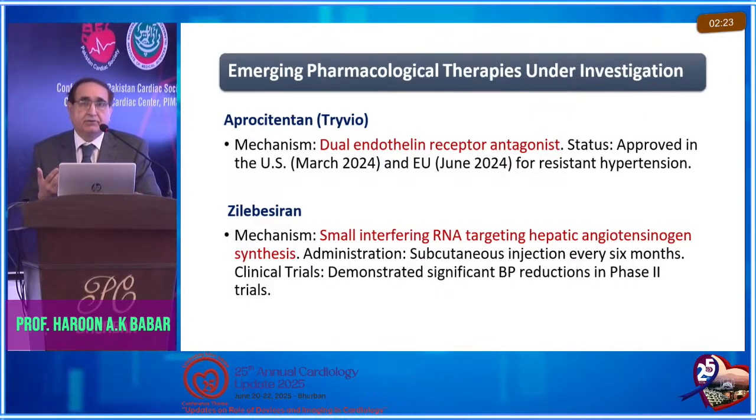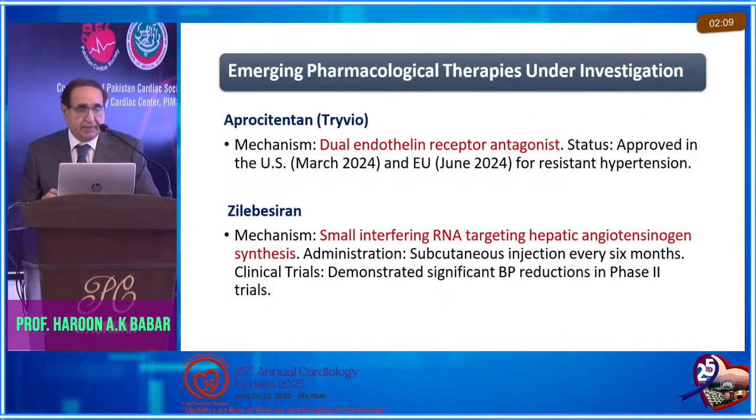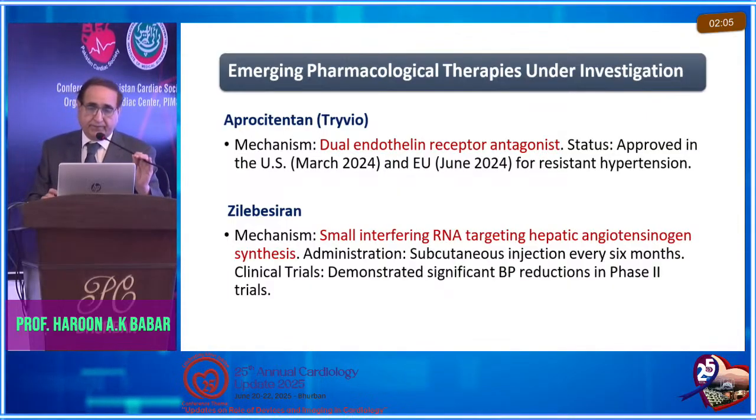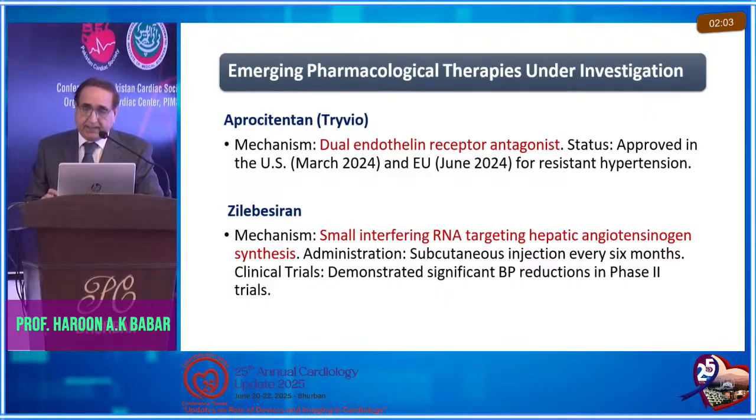Endothelin receptors are everywhere there are blood vessels, and they are even in the heart myocytes, the lungs, and blood cells as well.